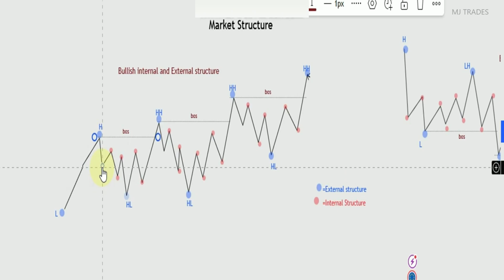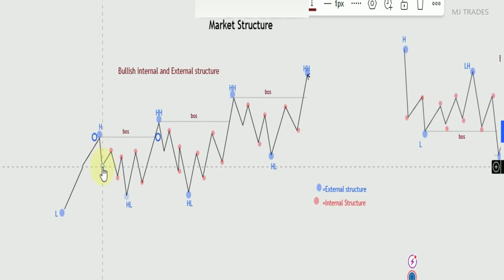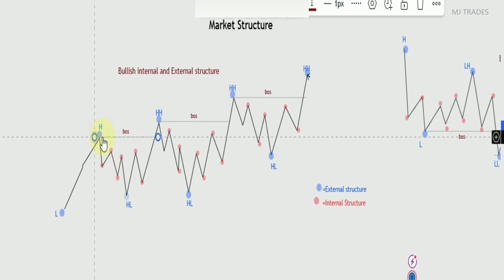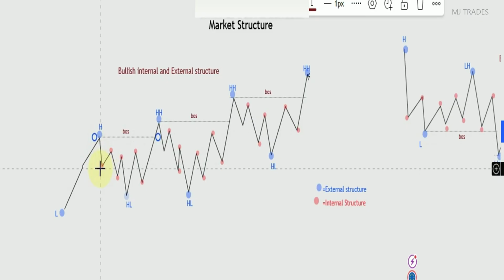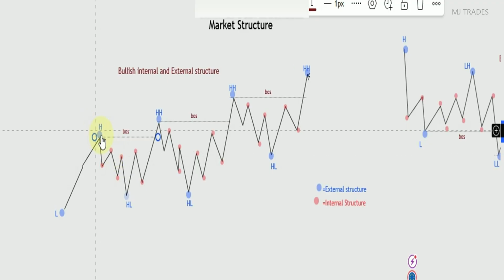No, it is not. Remember, in the last lesson I taught that in case price pulls back like this, for the pullback to be valid, it has to break the recent high. Do you understand? It has to break the recent high for us to confirm it as a valid higher low. But right now you can see that after the pullback, it went up a little, but it did not break the recent high.